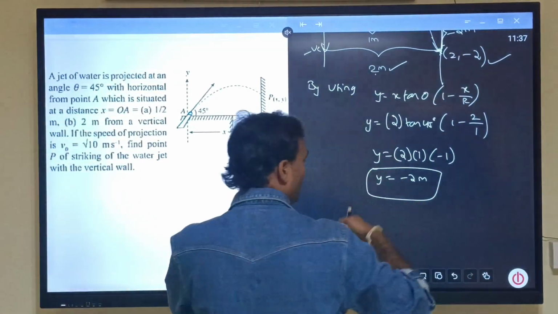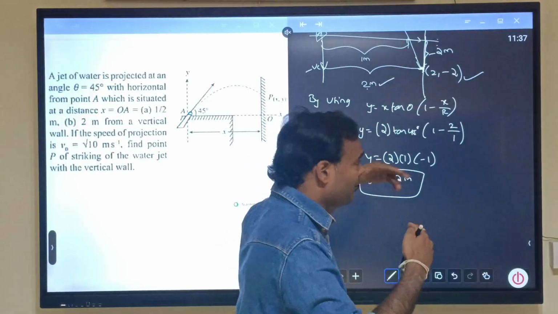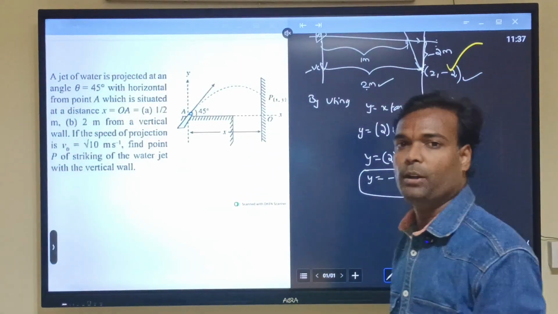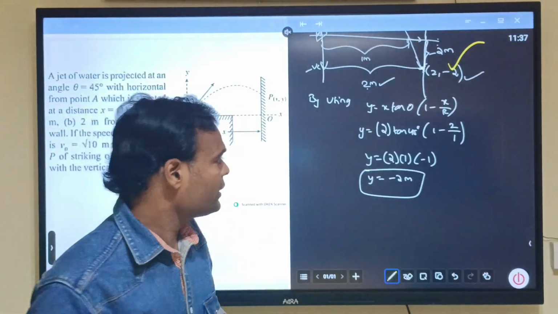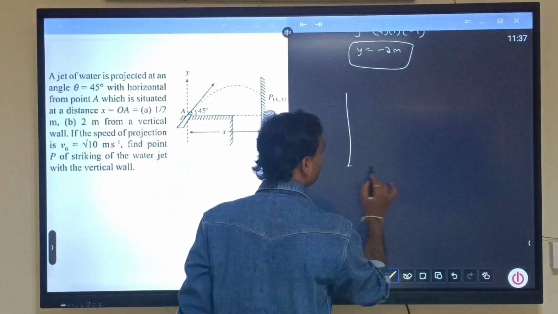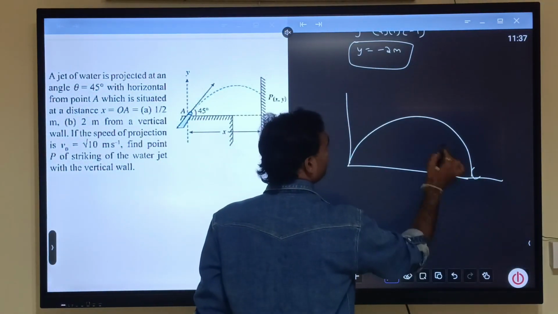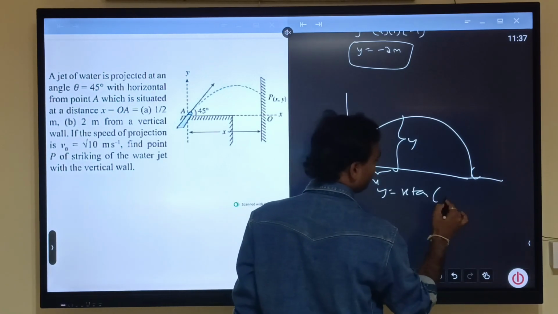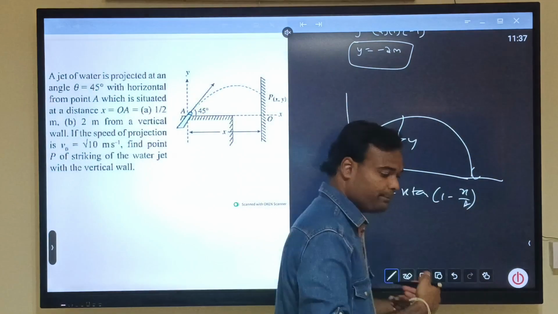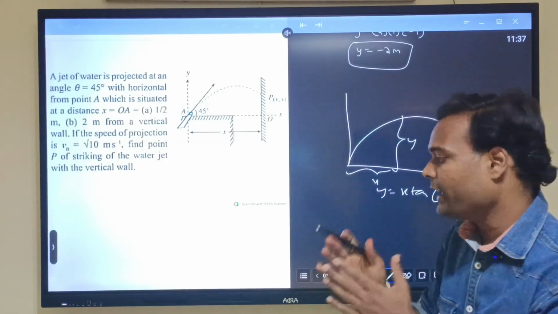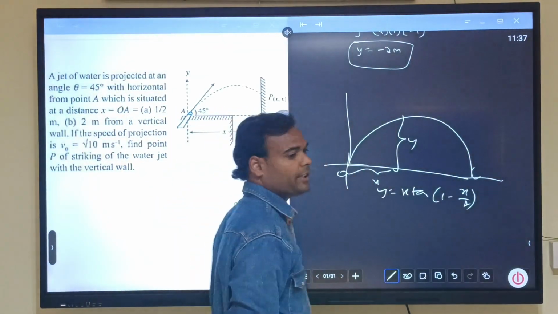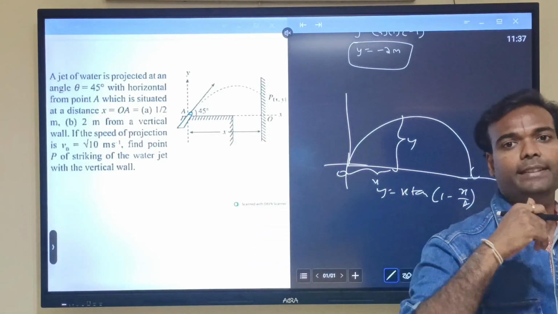And it is very hard for the student to realize that the y component might have a negative sign. This is the most important point. According to the concept, y is equal to x tan theta into 1 minus x by R as the formula, students think that the y component will be on the positive side of the y axis.